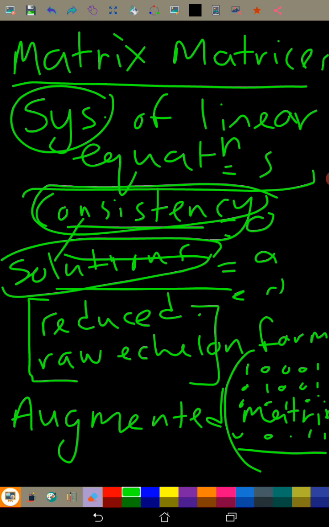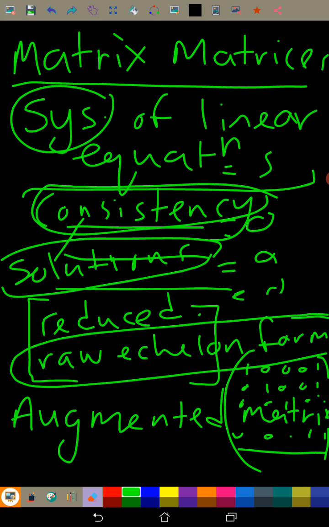So this is the reduced row echelon form. And then we also have the row echelon form, where we can have a variable, just like we saw. So that's what we talked about.